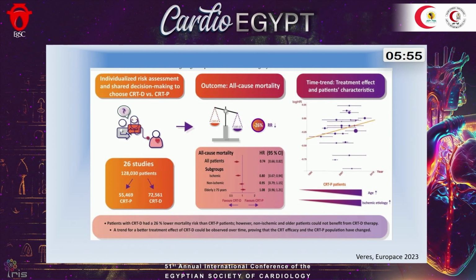Altogether, if you are looking at all-cause mortality, the CRTD is better. So the relative mortality reduction is 26%, which is pretty nice. On the other hand, there are patient populations where we don't see this benefit of CRTD. These are the non-ischemic patients, and these are the elderly patients, in this huge study involving 130,000 patients.